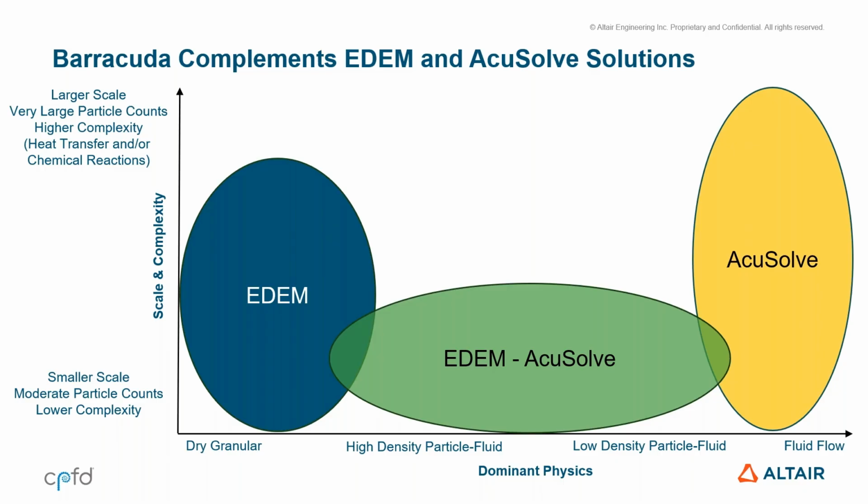We have seen this from the physics point of view, but once we add additional layers like the scale and complexity of the system, like what if you want to simulate a large fluidized bed with billions of particles, or more than 50 million, 60 million particles, or any other process that involves equipment of a very large scale.